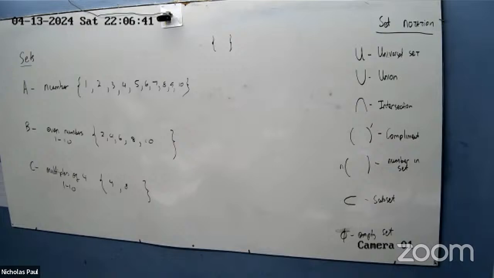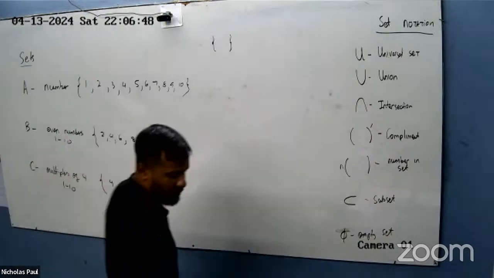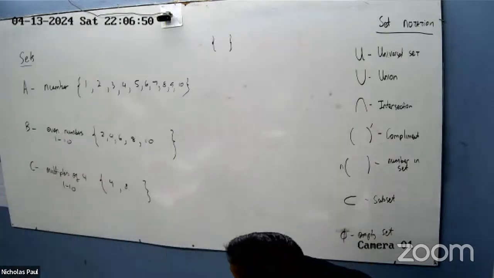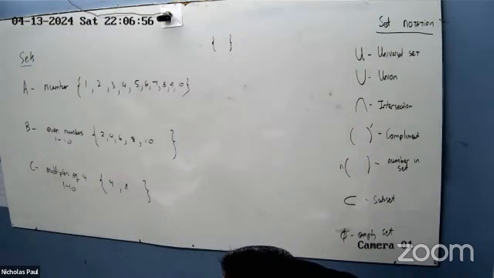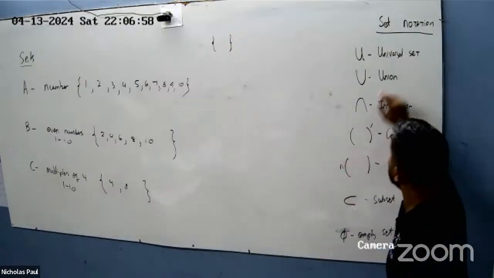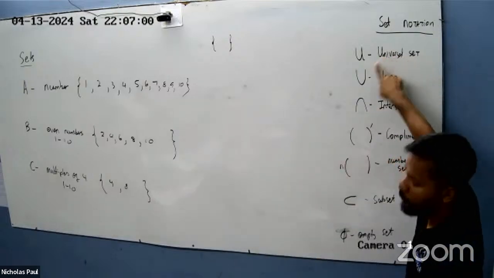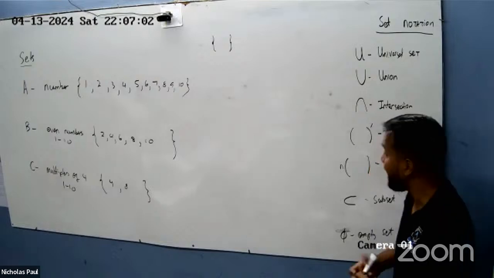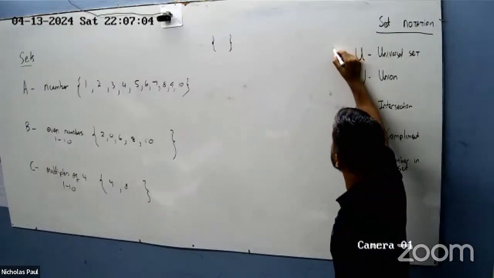Right. So I want to explain all of them, right? So you have to be able to see the symbol properly. The fourth one, this is universal set. They use a U, or sometimes you will see it looking like this.